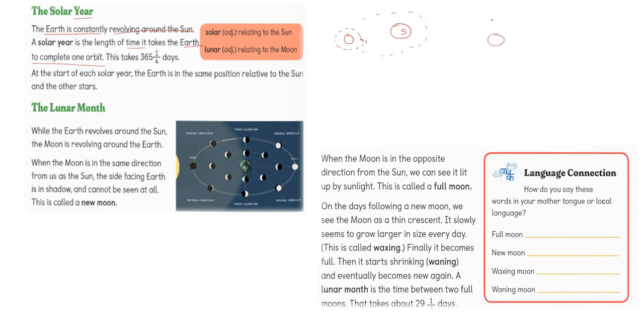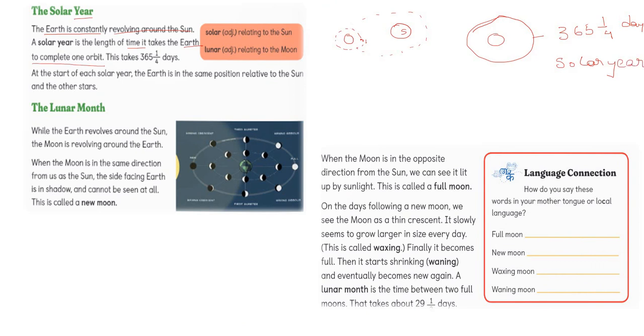For Earth to revolve around the Sun in a full round, it takes 365 1/4 days. This time is called a solar year.